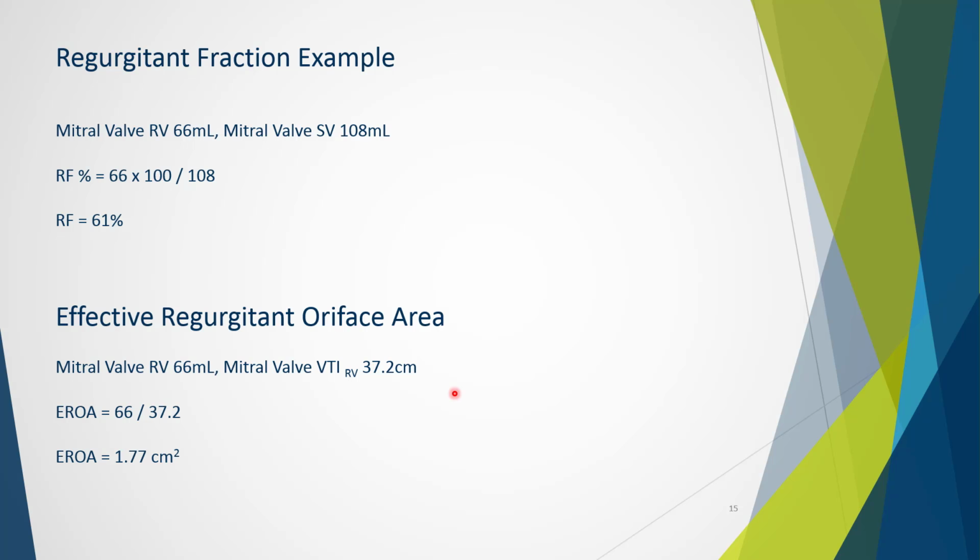All we're doing is substituting effective orifice area for the cross-sectional area and manipulating our formula. So cross-sectional area, or in our instance here, effective orifice area, moves over to the left side of our equation. So our regurgitant volume divided by the velocity time integral gives us our valve area, how big the hole is as the blood actually moves through it.